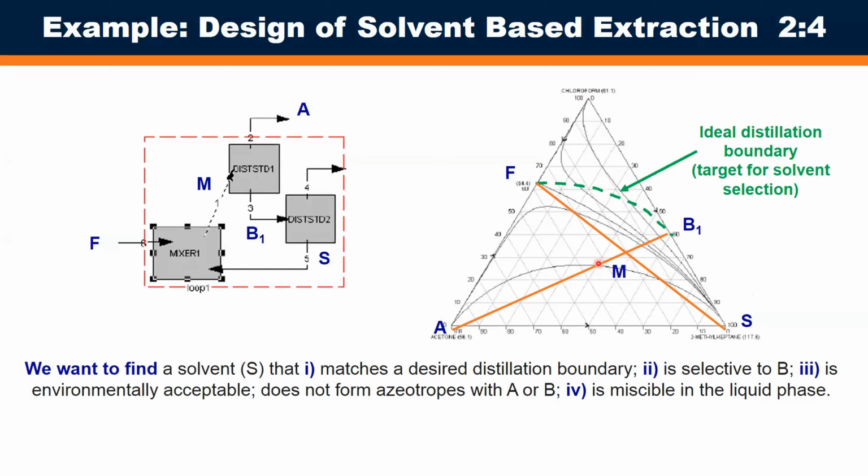That would be this operating line right here. Once we're at this point, which is right at the distillation boundary, we can take this mixture B1 and split it into pure chloroform and pure solvent, which is now recycled and mixed with the feed. So that is how this would work.